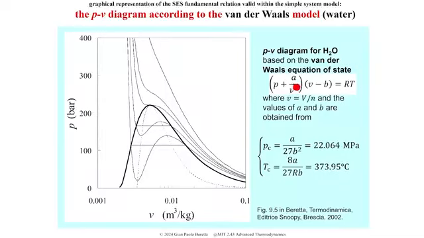It's not exactly good because there is also an expression for the van der Waals model of the specific volume at the critical point, which is also a combination of a and b. And if I use these values, it will not match. So that's already a first error that I make.